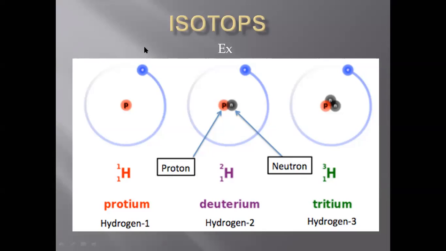Isotopes are a type of element that have different numbers of neutrons in the same element, for example carbon or even hydrogen. Atoms of the same element, but with different neutrons. They have the same number of protons, but a different number of neutrons.